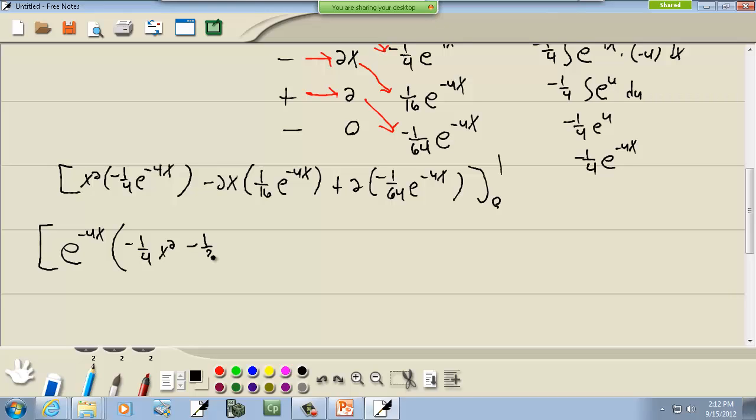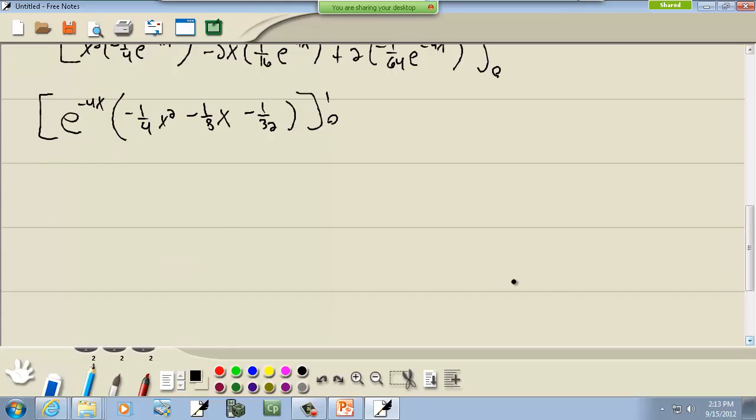So we got negative 1/8 x. And here's 2 times negative 1 over 64, which is negative 2 over 64, which is negative 1 over 32, from 1 to 0. Okay, I could maybe bring out the numbers, make it a little simpler.